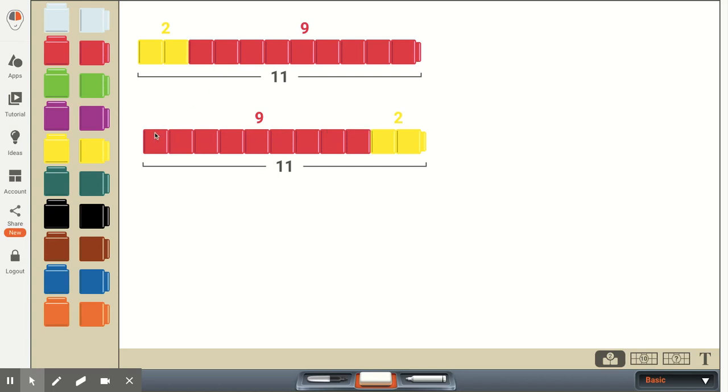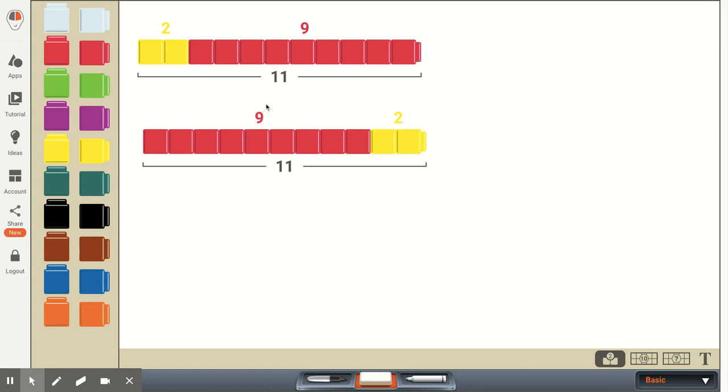In this line, we've switched and we've started with the red unifix cubes first, 9 of them, and 2 yellow. And what we want our first graders to understand is whether we start with 2 and then add 9, or we start with 9 and then add 2, in both cases, we have the exact same sum or total.